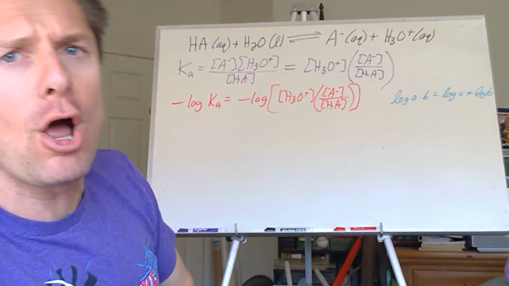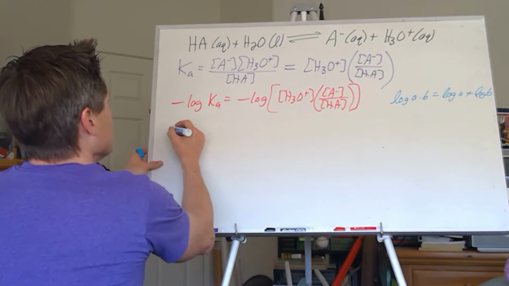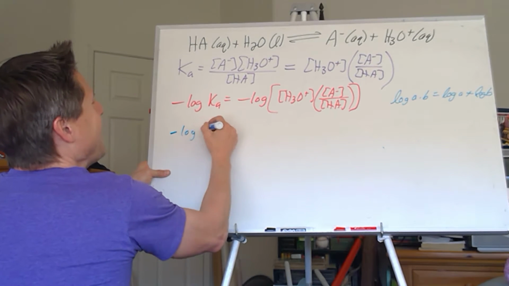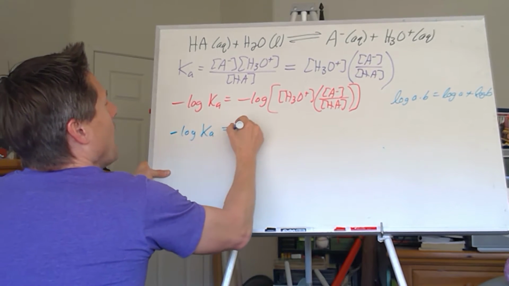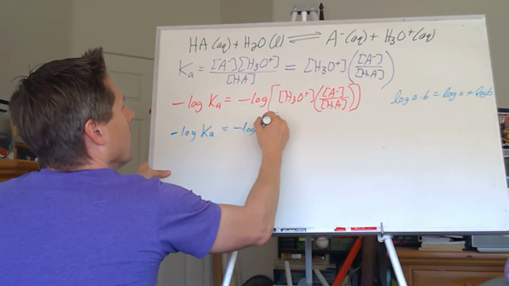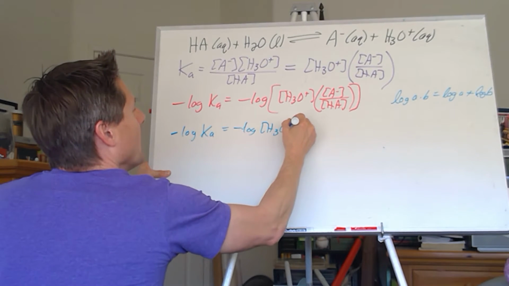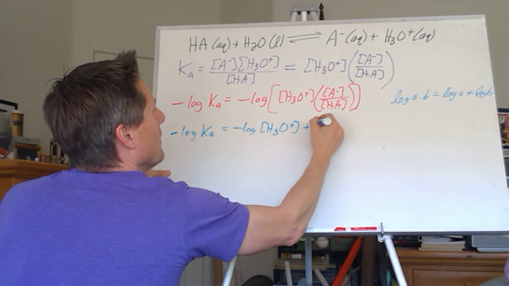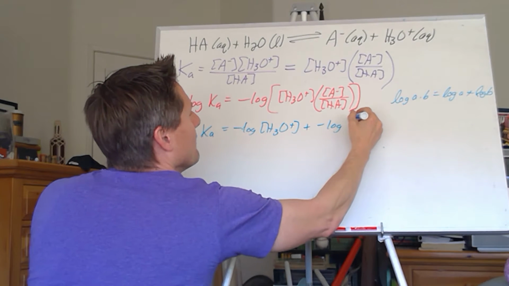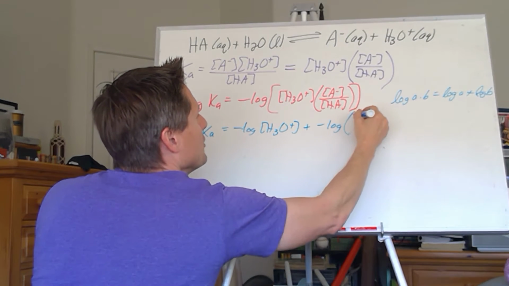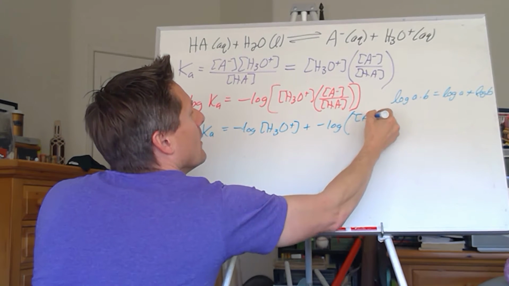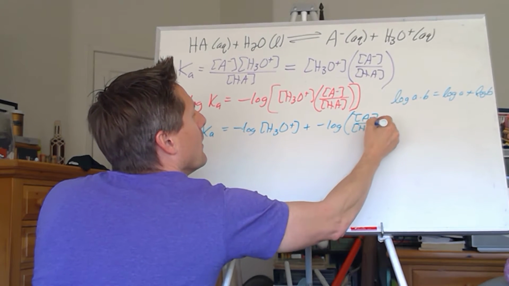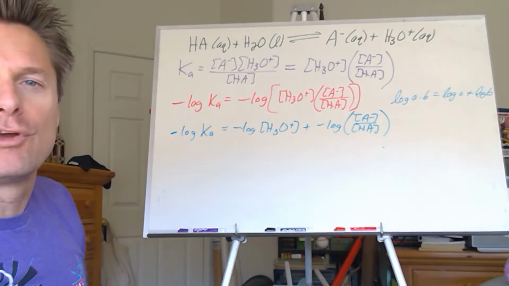The wonders of logarithms! So nice. So that will be the negative log of the hydronium ion concentration plus the negative log of this ratio of the concentrations of the two components of my buffer.